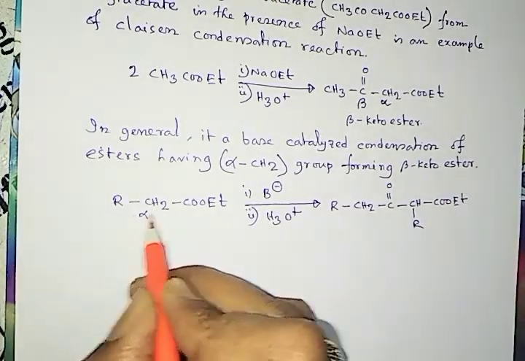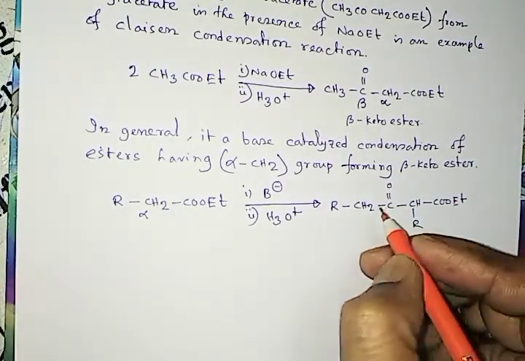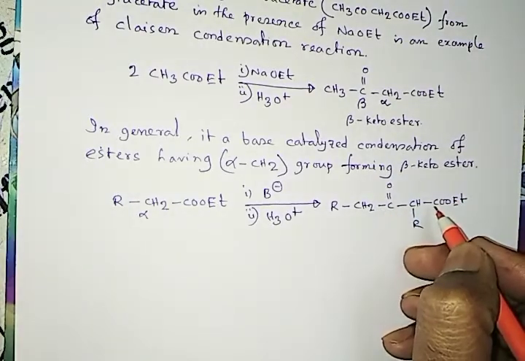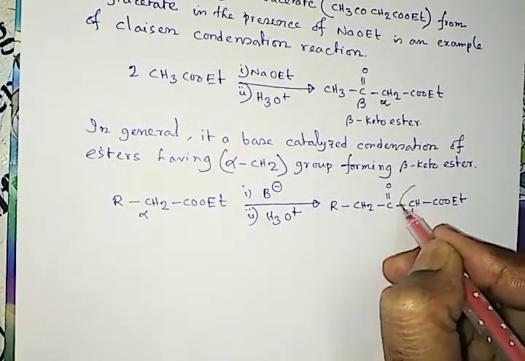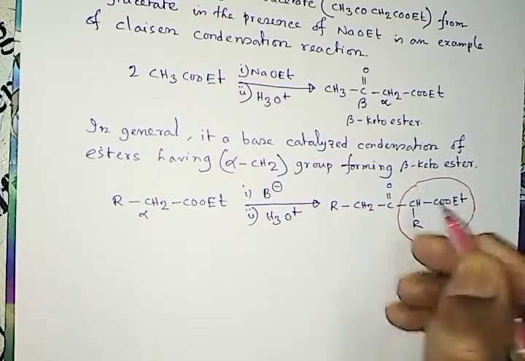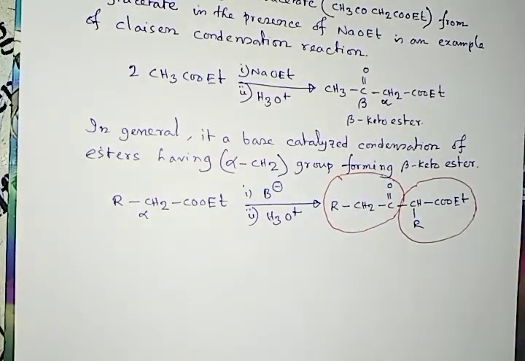So two molecules of this ester get condensed to produce this beta keto ester. This is one molecular component and this is the other molecular component.